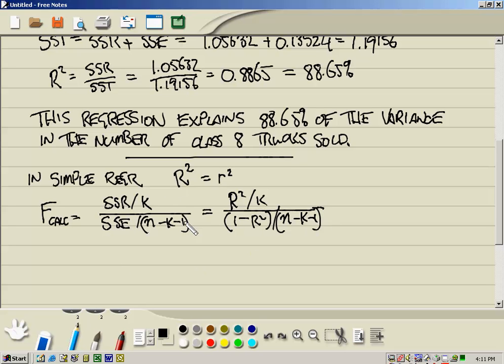Okay, and most students find that the latter formula is more convenient because of the order of the analysis that we normally do.